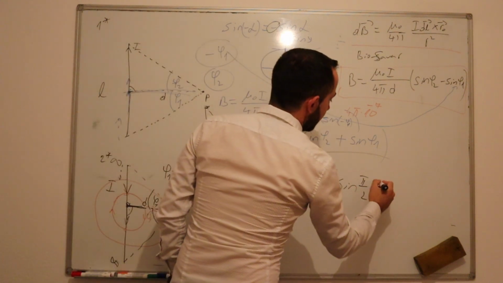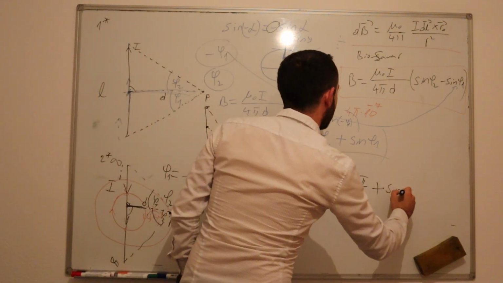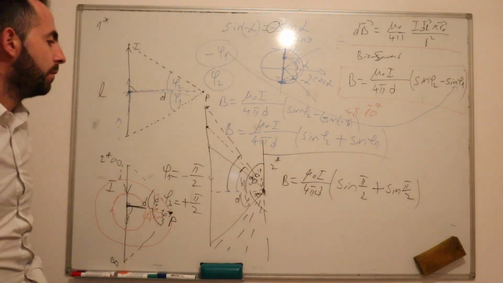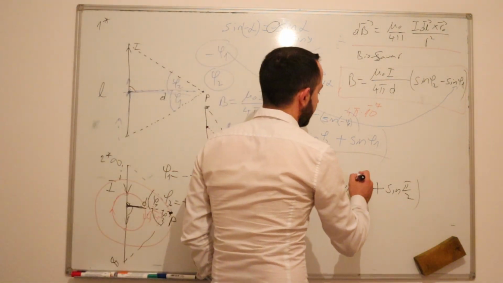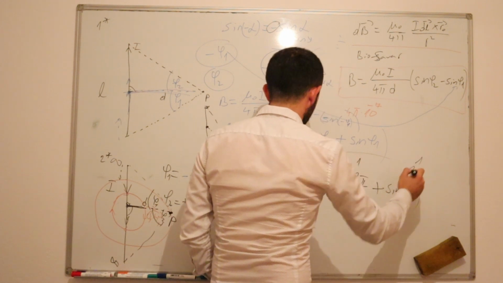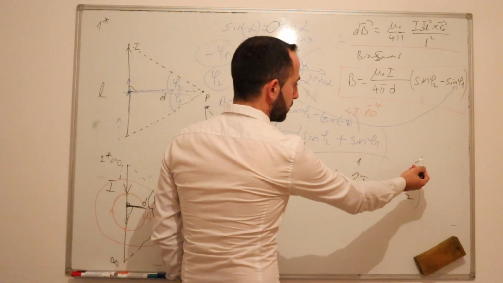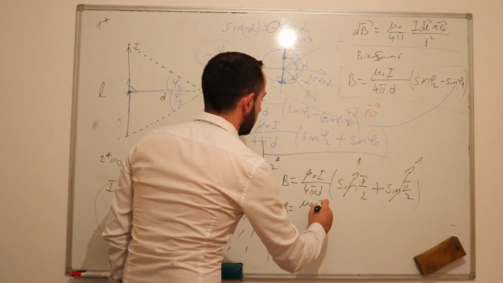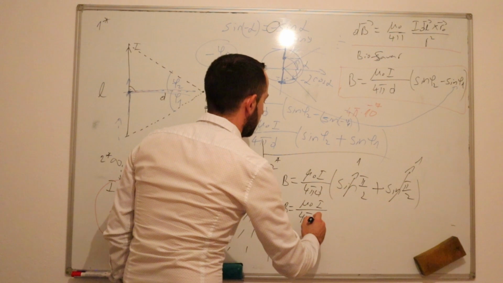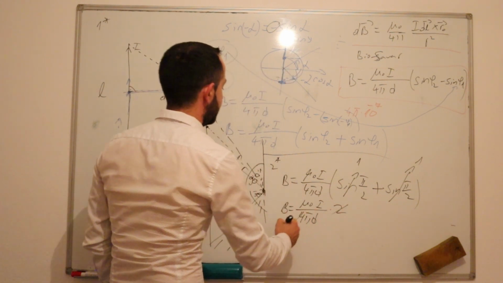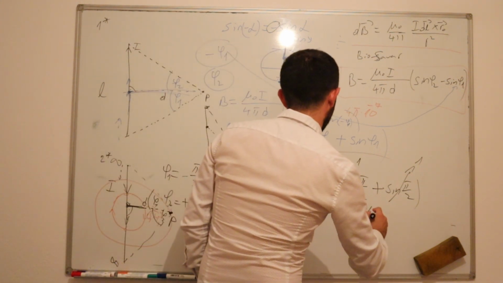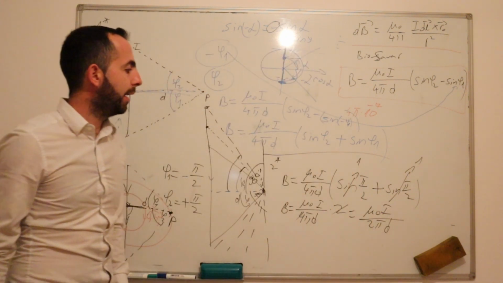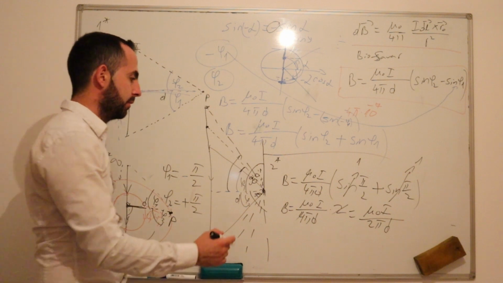This minus will give a plus, so it will be sine pi and a half plus sine pi and a half, which is 1 and 1, which means 1 plus 1 is 2. Times 2, this 2 and this 2 we can divide, so this is it.